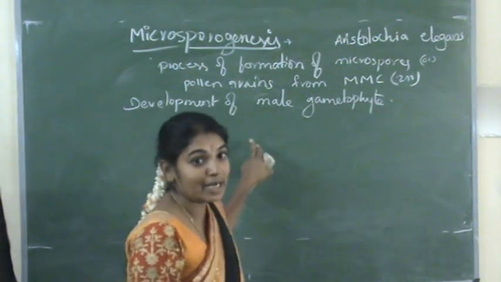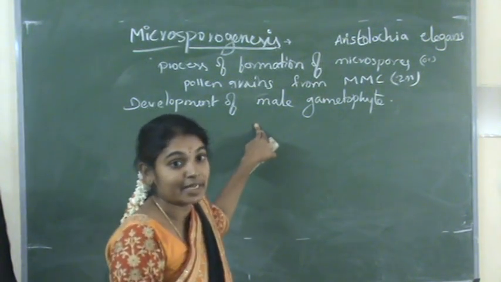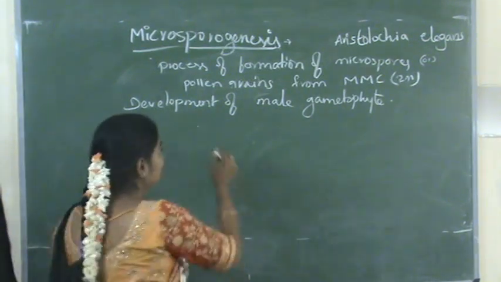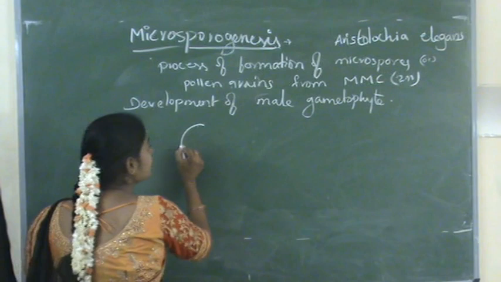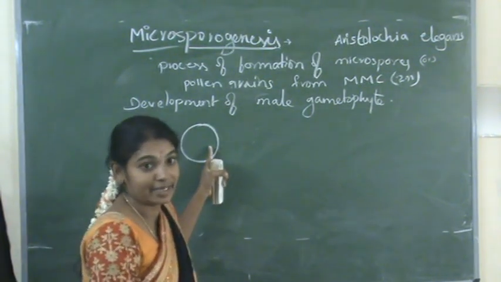Development of male gametophyte. After the separation of the tetrads, each cell undergoes mitotic cell division.